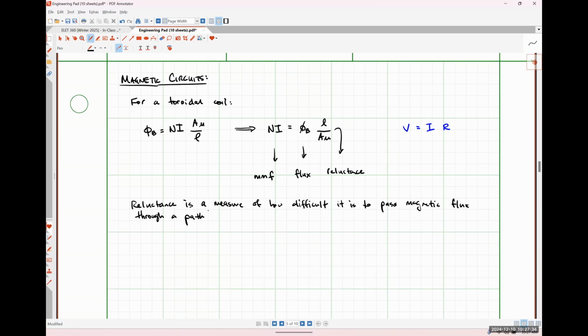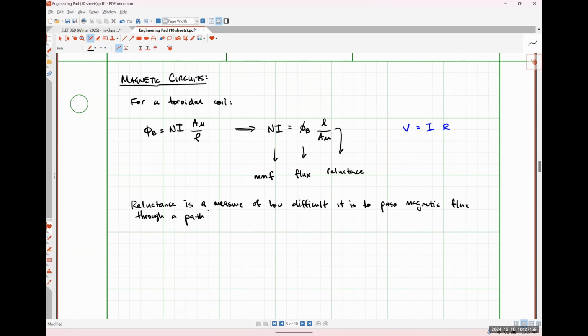So essentially a high reluctance means that it is more difficult to pass magnetic flux through a particular path, which in turn means that it is more difficult to magnetize that path, okay? So for some applications, we want things to have very low reluctances because we want to be able to magnetize things very easily.